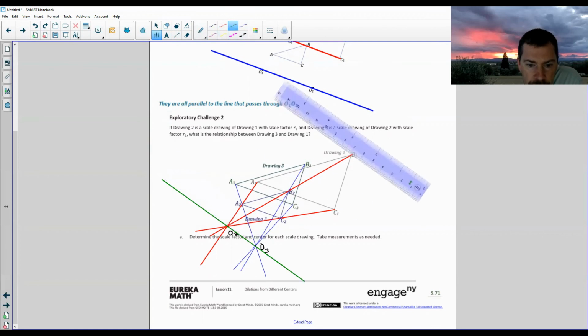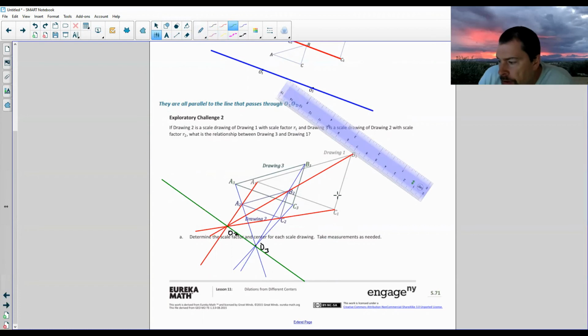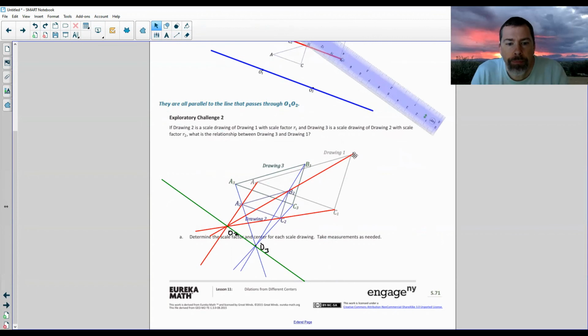And there is my line going through O2 and O3. Okay, so the two points of dilation are on the same line. Obviously, any two points can create a line.